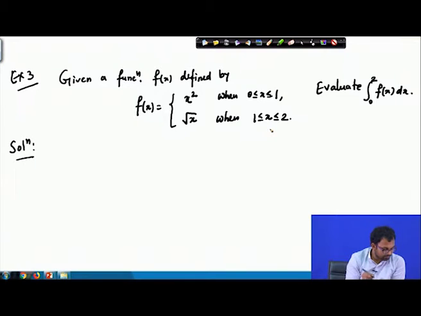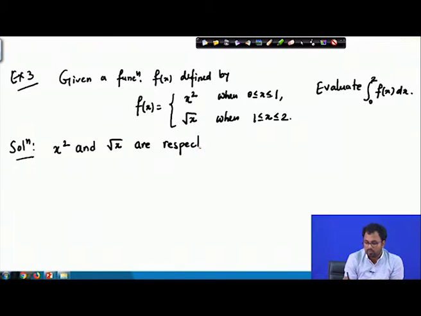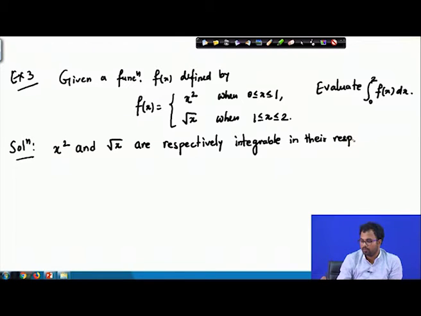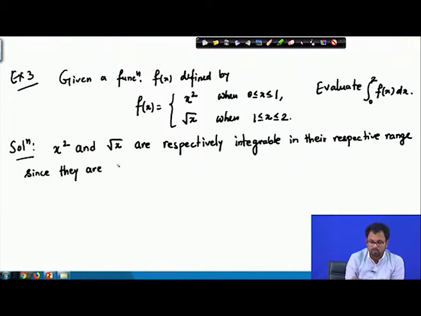So we can write x squared and root x are respectively Riemann integrable in their respective ranges, since they are both continuous. It's very obvious to see that.